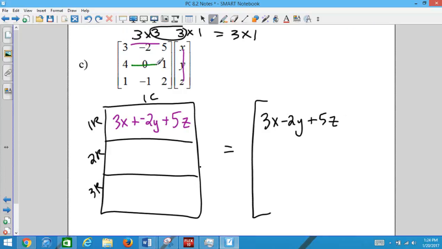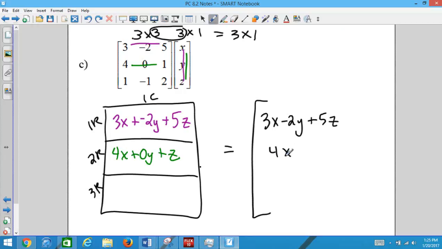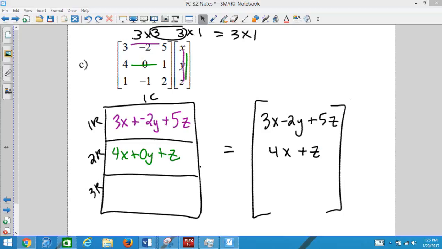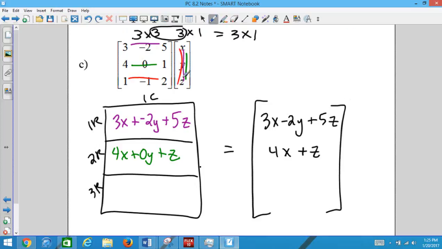We've got second row, first column. 4x plus 0y plus z. And the third one, third row, first column, x minus y plus 2z.